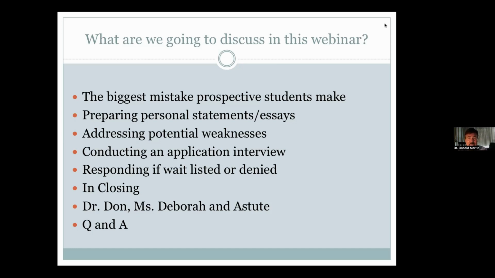Some of them are making it optional, or they're not asking for these scores at all. As a result, one of the areas of the application which was already important, but is going to become more important, will be the preparation and execution of outstanding personal statements and essays. And what I'm going to do today is present to you 10 tips.